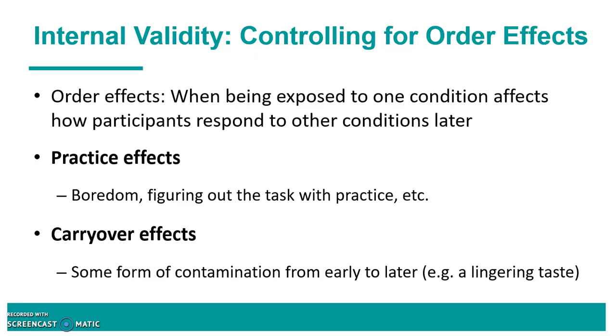Sometimes this takes the form of practice effects, where people get bored with a task, or maybe they figure it out and their performance improves. Counterbalancing is going to help take care of that. So any practice effects that are observed are going to be randomly, haphazardly dispersed between the two conditions.